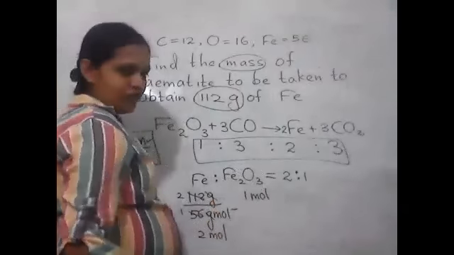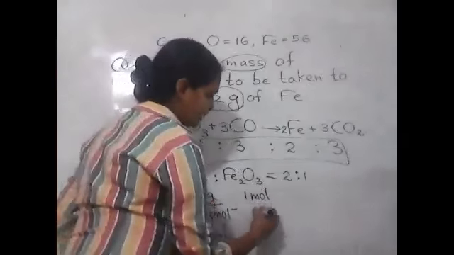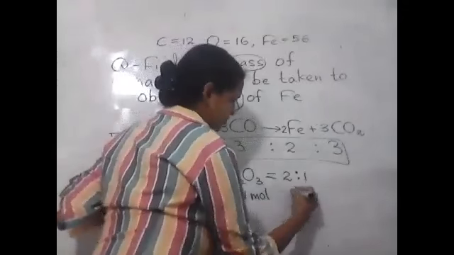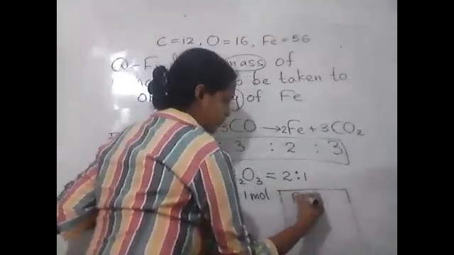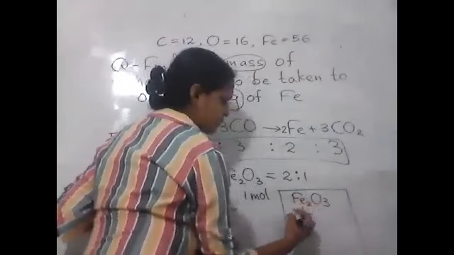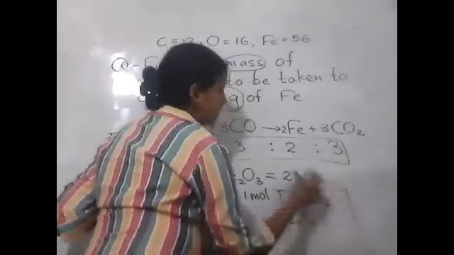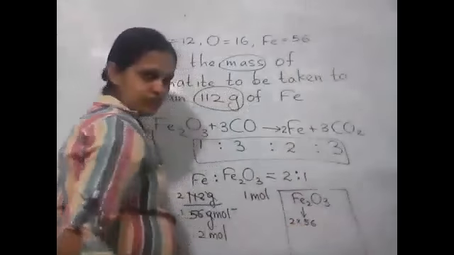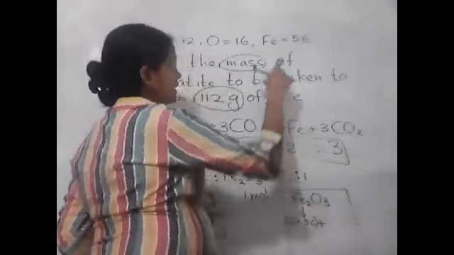How to find the molar mass? In a compound, you take the sum of the relative atomic masses. If I write it here, now Fe2O3 contains 2 iron atoms. So we will have to take 56 into 2, plus there are 3 oxygen atoms.